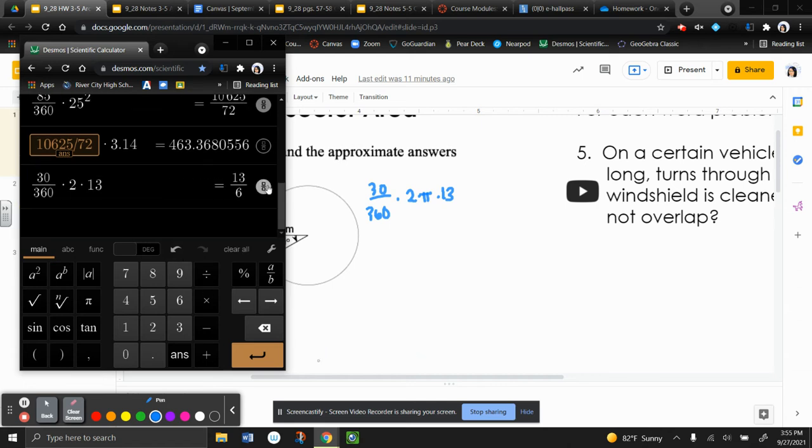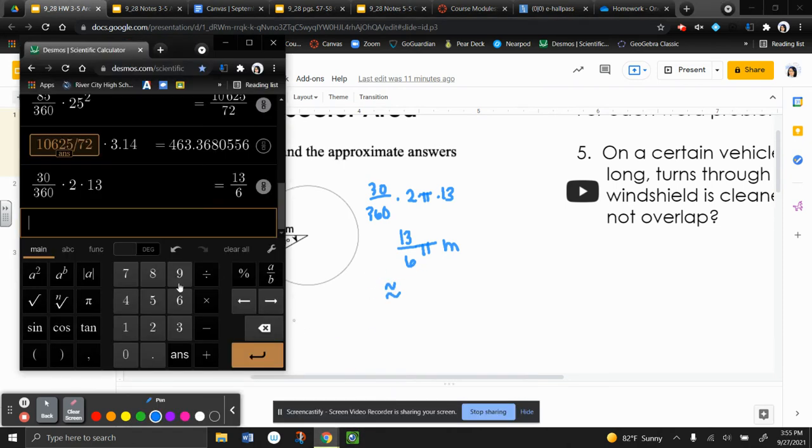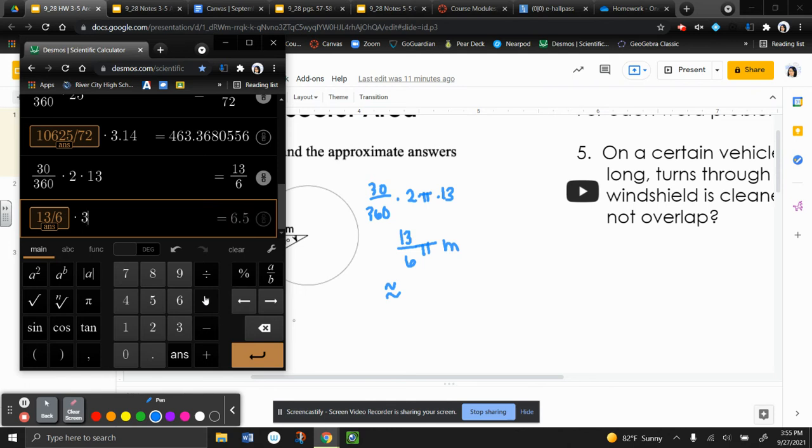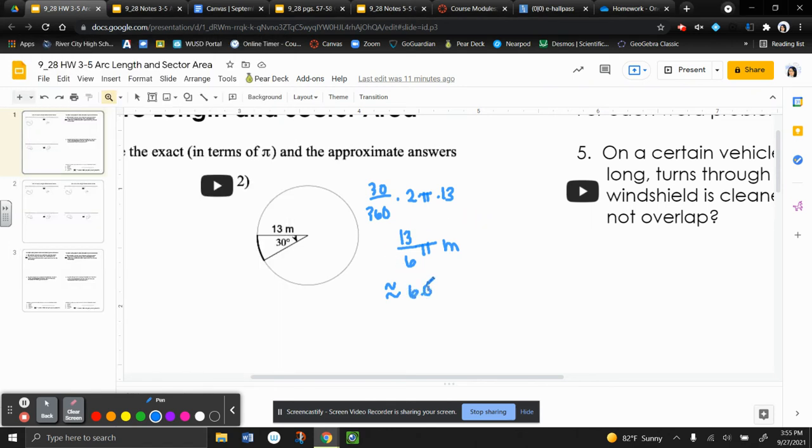So it's going to be 13 over 6 pi meters. And to get my approximate, we're going to do 13 over 6 times 3.14. It's about 6.80. So exact and then approximate.